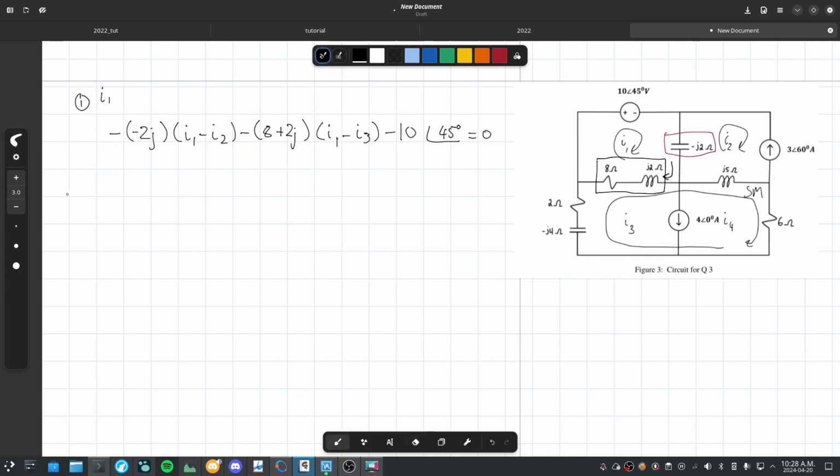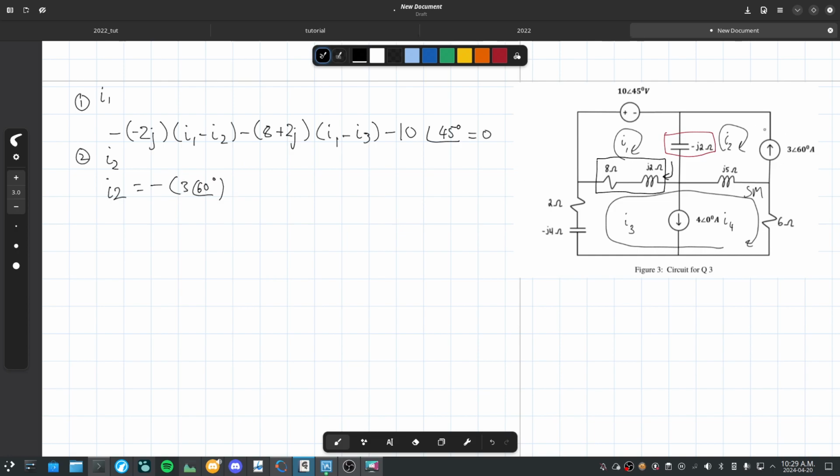So now let's go to I2. Now I2, we actually have all of our work done for us because we have a current source that's not shared with another current in our I2. And that's going to be our current, because the current source is going to give out as much voltage as possible to keep that current, like so. So I2 is just going to be negative 3 with a phasor of 60.